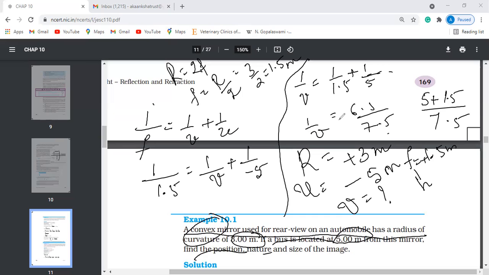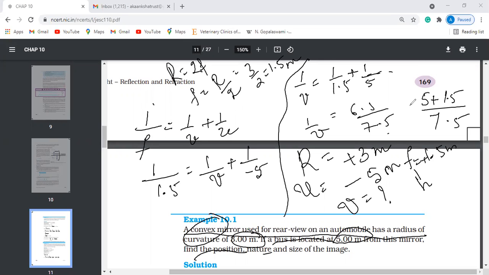That is equal to 1 by v. Now look at this, this is 1 by v, so you need to take a reciprocal of it. You should not forget that at the end of the problem you need v. So you have to take a reciprocal.